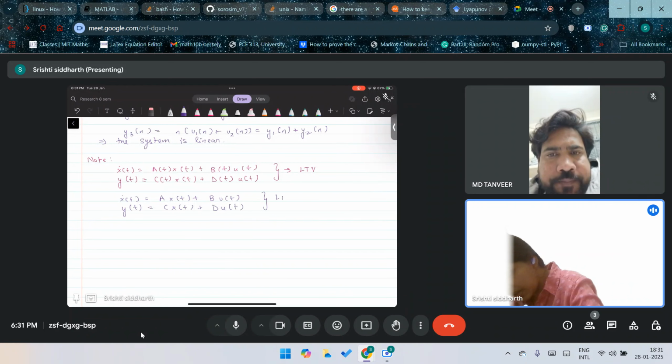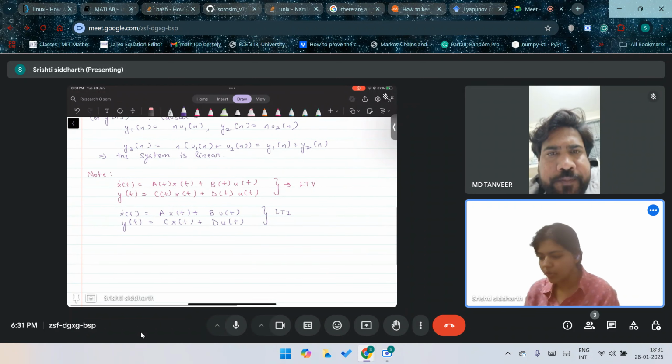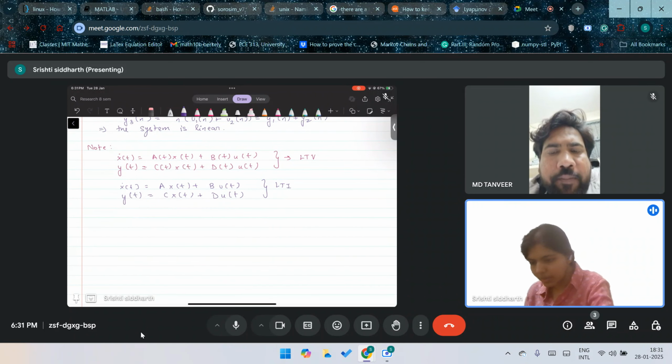So this is LTI. It is linear, because you have already seen, you can have two outputs, y1, y2, and the summation of u1 plus u2 would give you y1 plus y2. Time varying and time invariant in the sense that these are either dependent or independent of time.